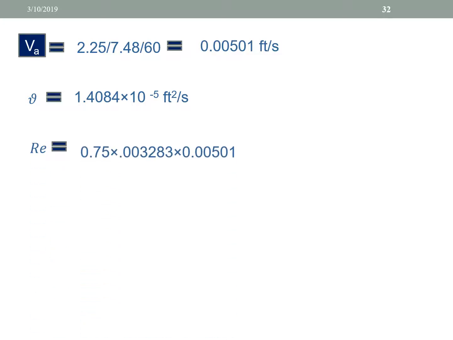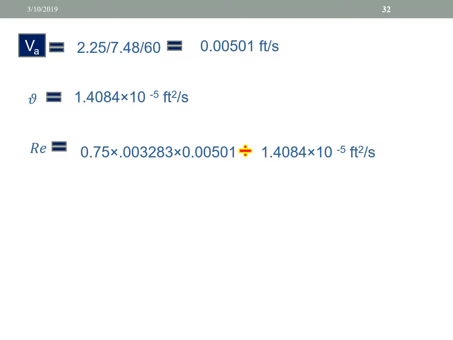Reynolds number equals, again, phi times diameter times velocity over viscosity. The shape factor given in this problem is 0.75. If you remember soil class, we defined before what the shape factor is. So shape factor 0.75 times diameter, the average diameter. Go back to your notes and the previous slide.